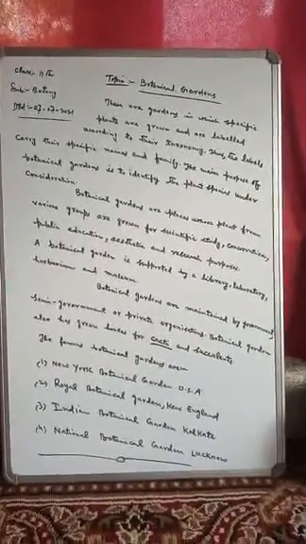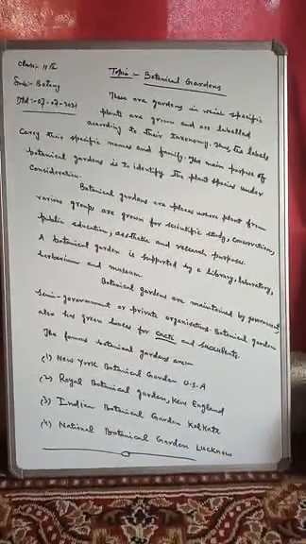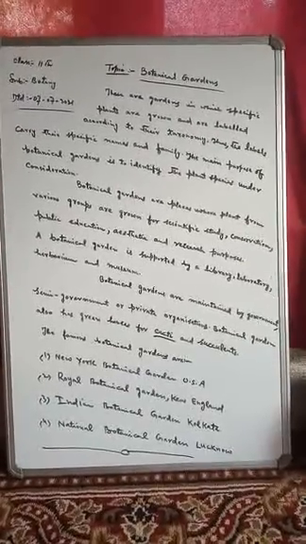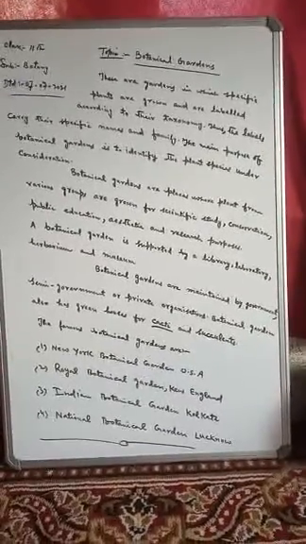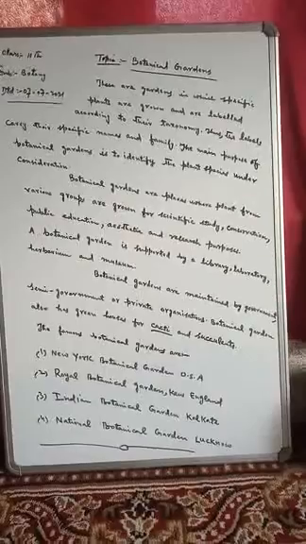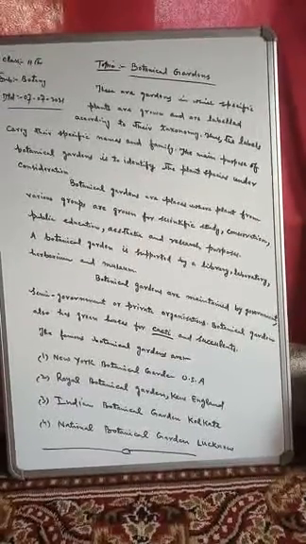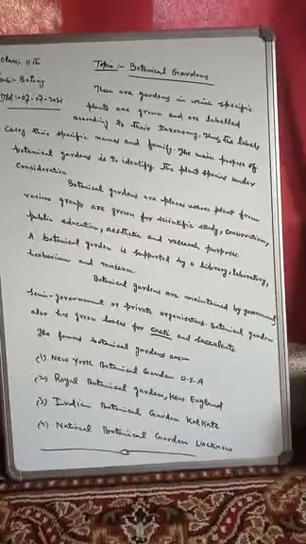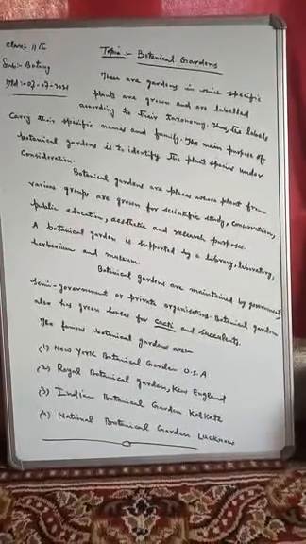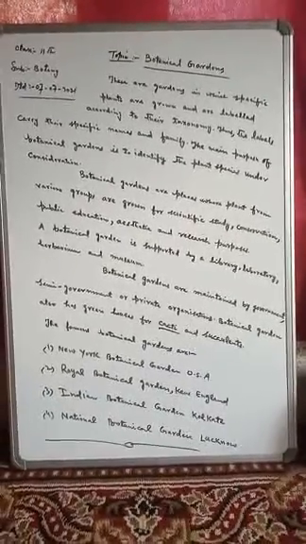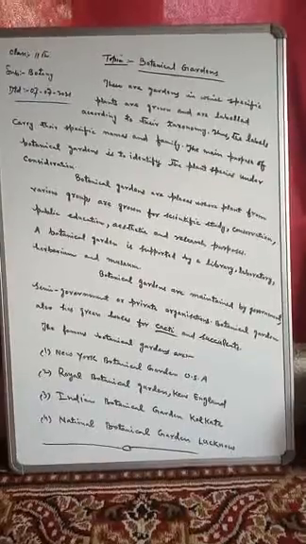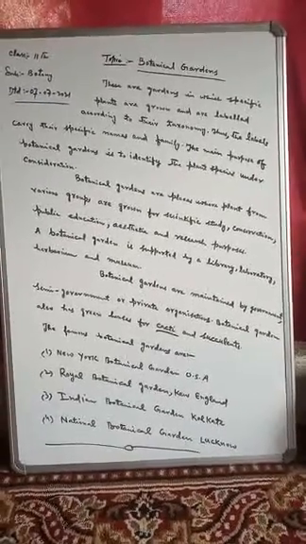It means that these are the gardens in which specific plants are grown and are labeled according to their taxonomy. Thus, the labels carry their specific names and family. The main purpose of botanical gardens is to identify the plant species under consideration.